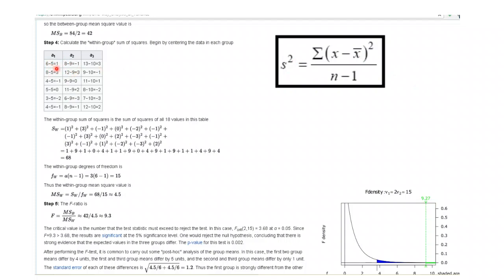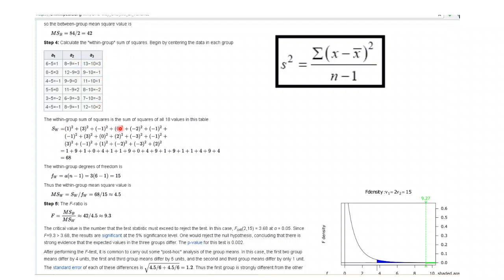Now, 6 minus 5 is equal to 1, and then 3, 1, 0, 2 and 1, and similarly in these cases we subtract the mean from the individual entries, and these are the outcomes: 1, 3, 0, 2, 3, 1 in this case, and in the third group 13 minus 10 is 3, and 1, 1, 2, minus 2, minus 3 and 2.